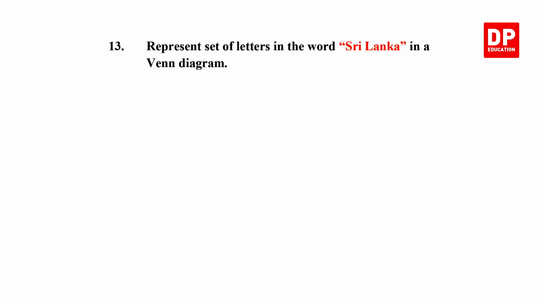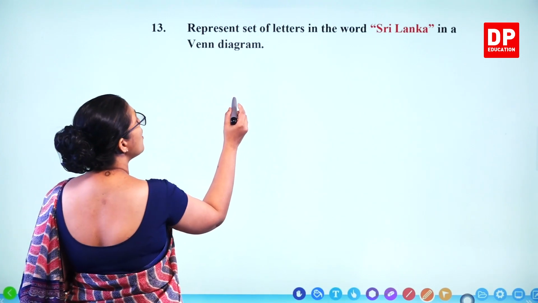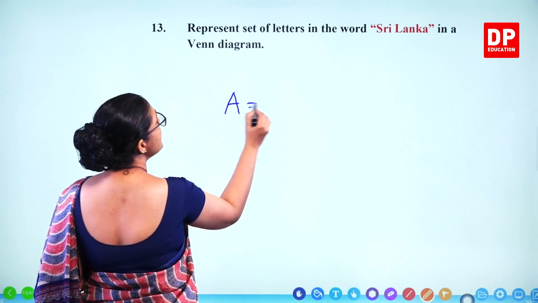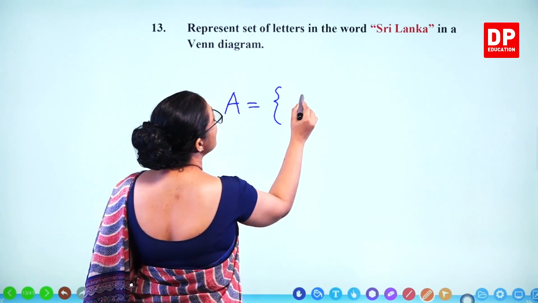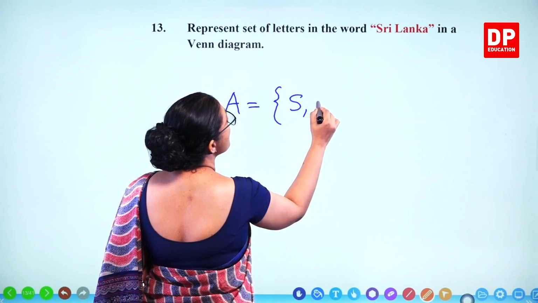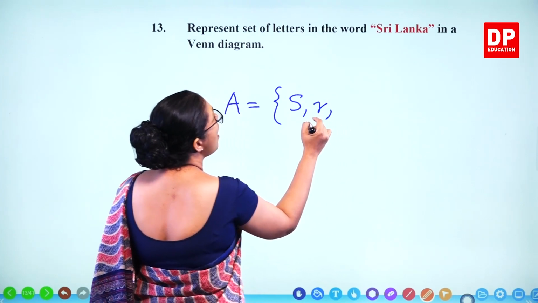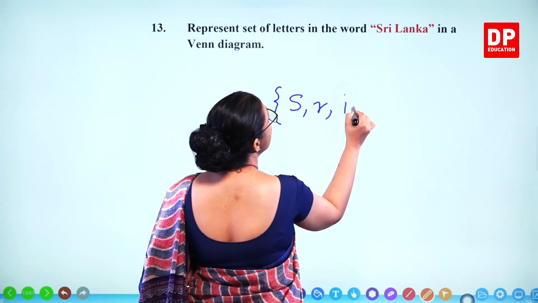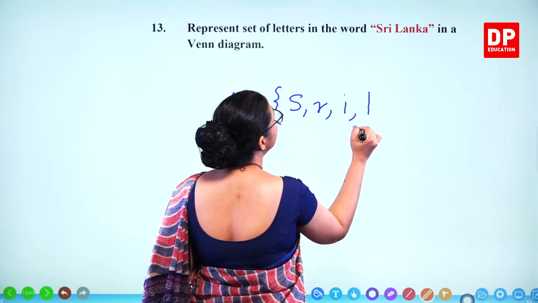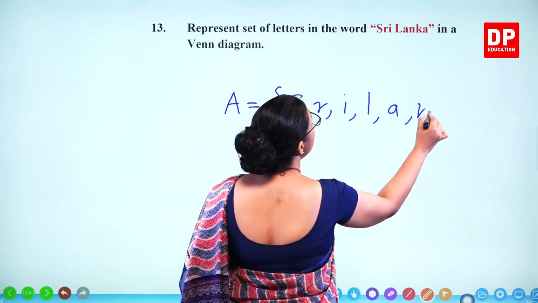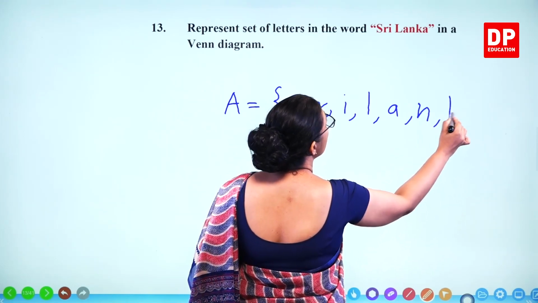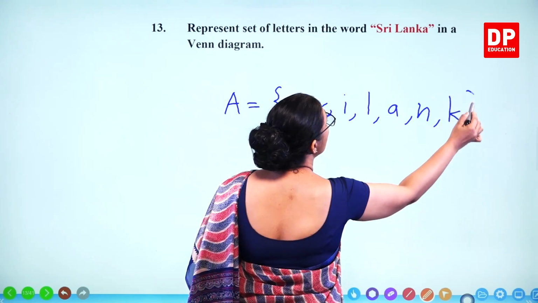Question number 13. Represent set of letters in the word Sri Lanka in a Venn diagram. So first we'll write down. We'll say A is the letters in the word Sri Lanka. S is there. R, I, L, A, N, K. A you can't repeat again.